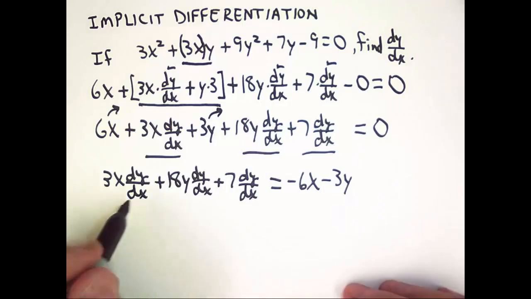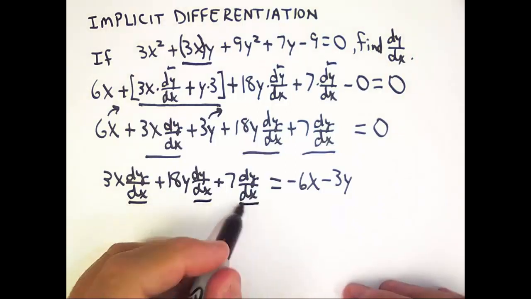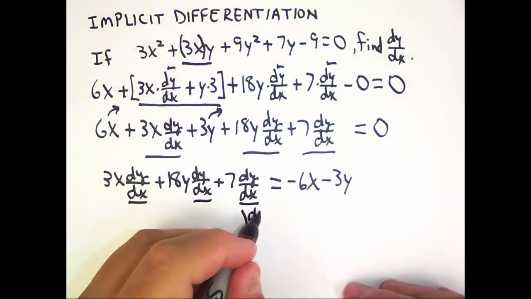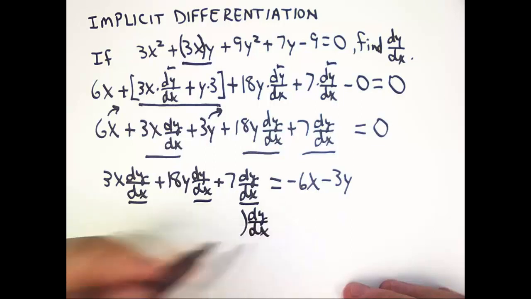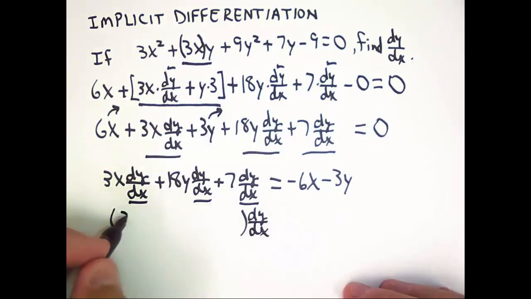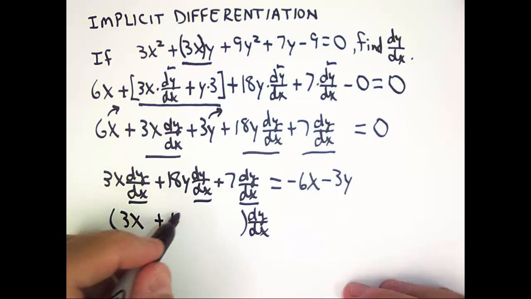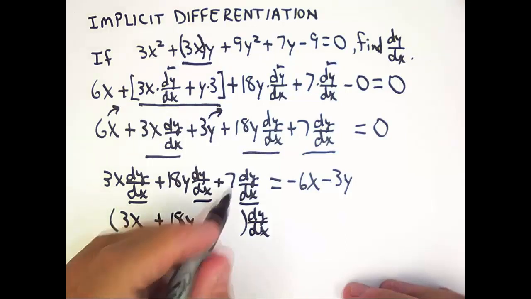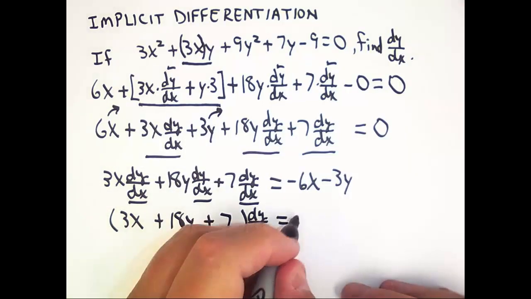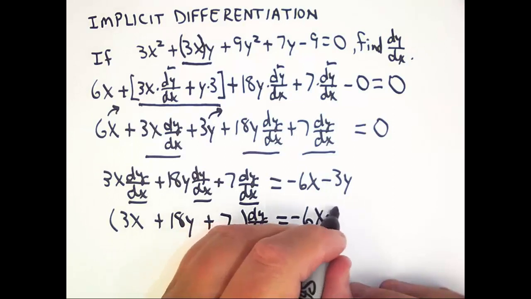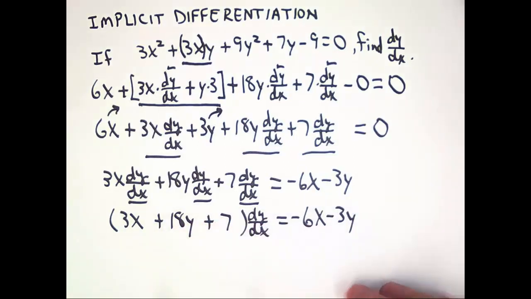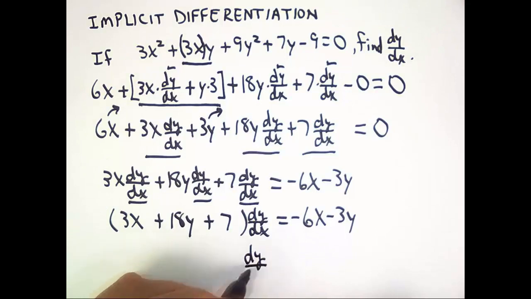Now that I have dy over dx in every term on the left, I can factor it out. If I factor a dy over dx out on the left, I'm left with a 3x from this term, an 18y from this term, and a 7 from the final term. Now if I divide both sides by this quantity on the left, 3x plus 18y plus 7, I'll have dy over dx.